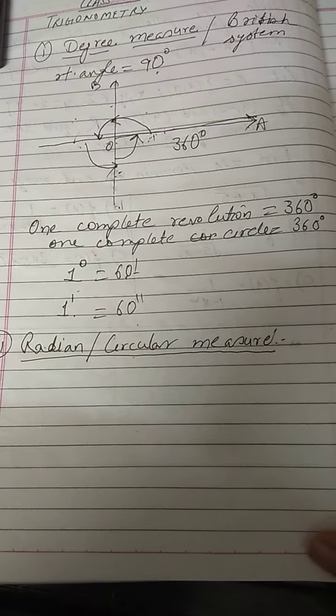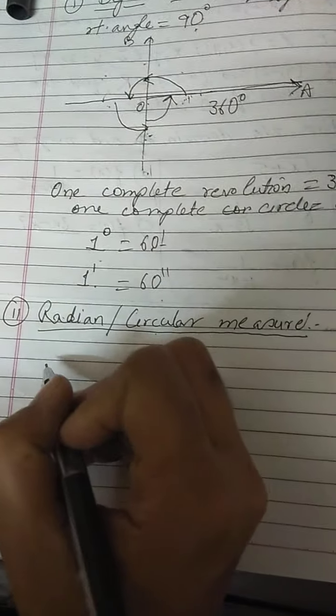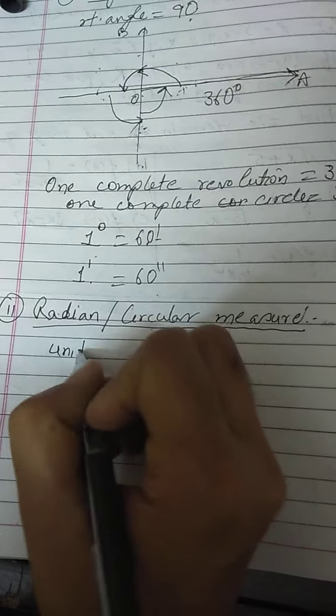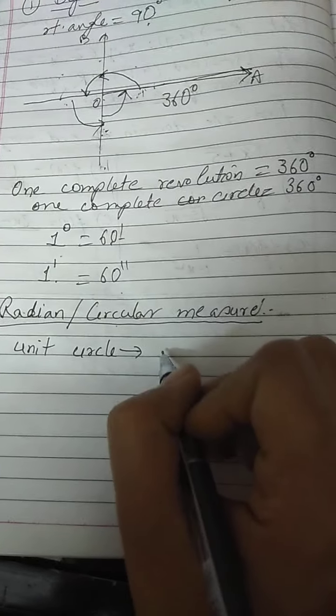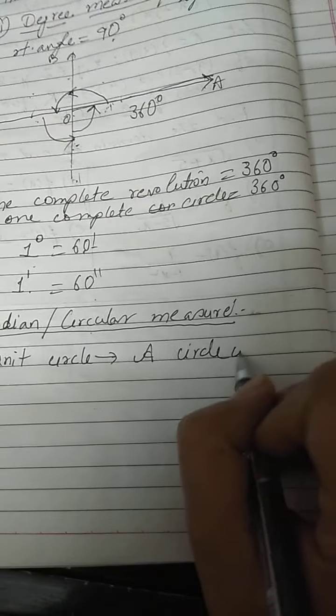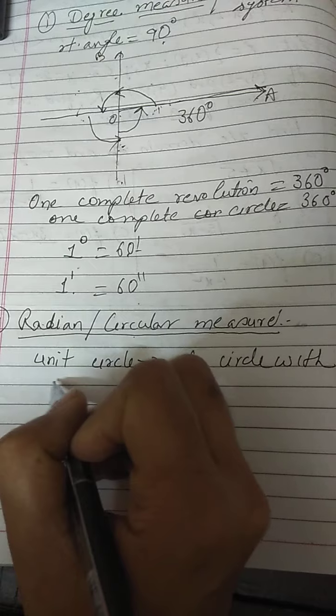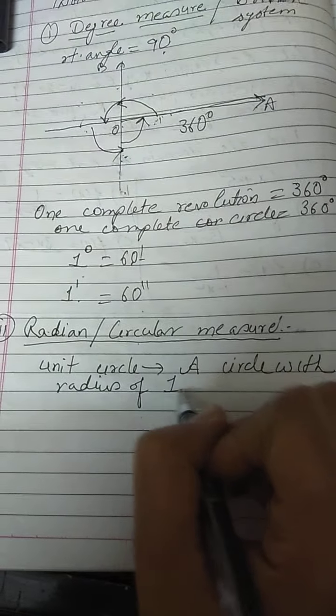How will we take it? If I take a unit circle, first of all, when I am talking about the unit circle, what does it mean? A circle with a radius of 1 unit.